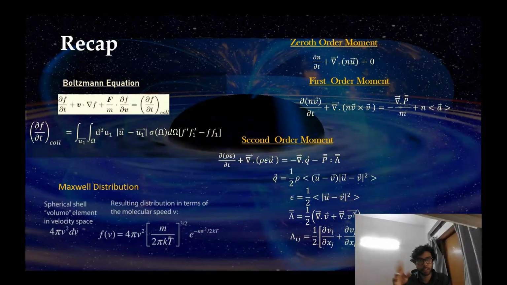If you're calculating C in, you're integrating over du1. I mean, it depends. u and u1 are just names, and it depends on your convention. But the idea is that when you're calculating C out, you have to integrate over all the velocities which that volume can have, right? And when you're calculating C in, you have to consider all the velocities outside the volume.